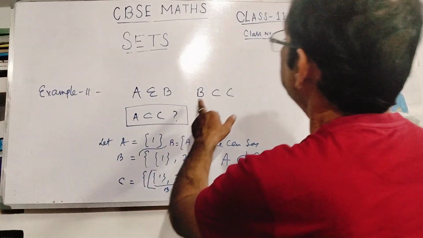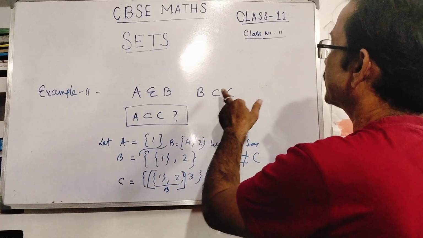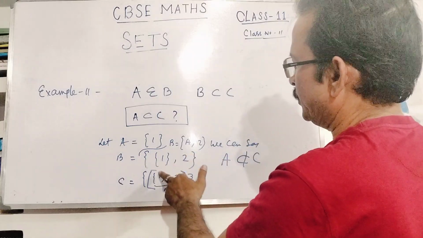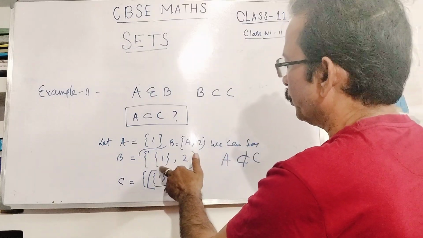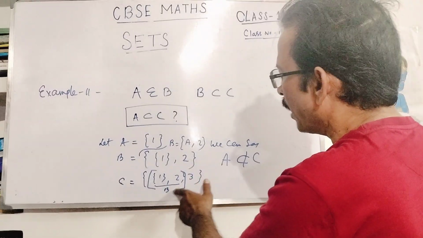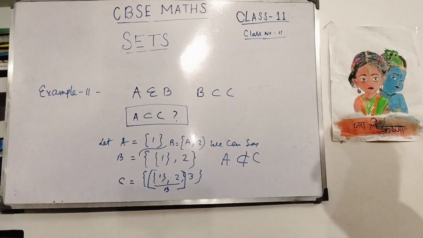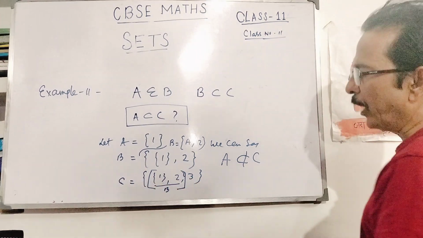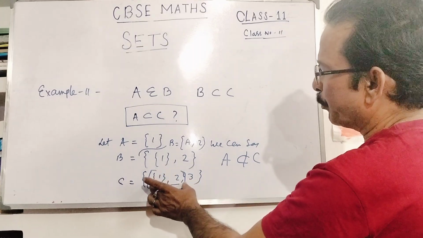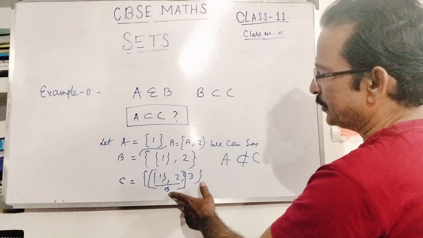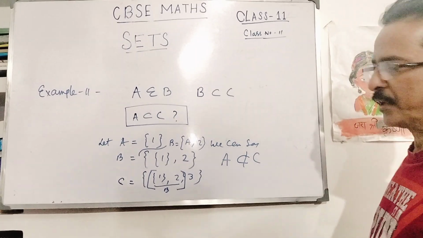And C: B is a subset of C, so C contains B and an extra 3. This is the set where a part of the elements, B, is a subset.